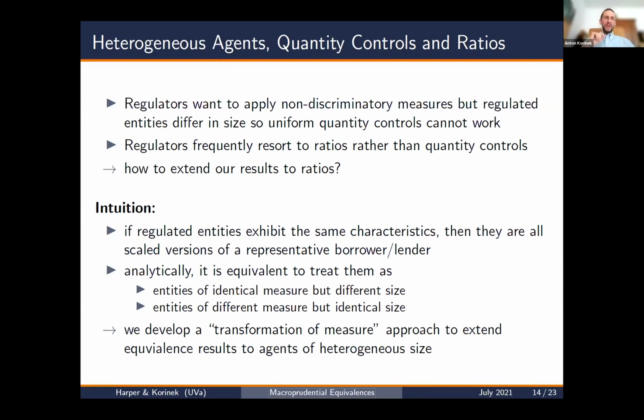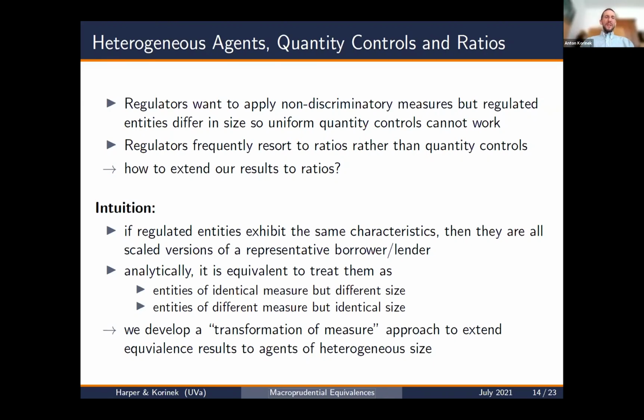So the intuition behind ratios is, if regulated entities exhibit the same characteristics, let's say there is a smaller bank and a larger bank, then they are all scaled up or scaled down versions of some sort of representative borrower or lender. And as we scale our quantity controls up or down together with the size of the agent, that looks like a regulatory ratio.